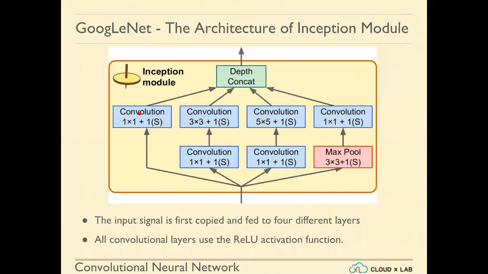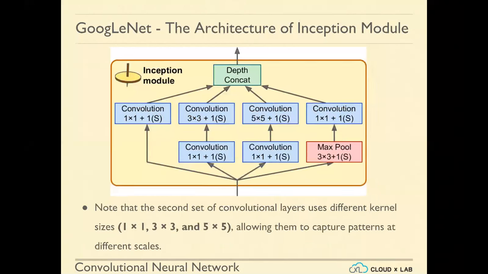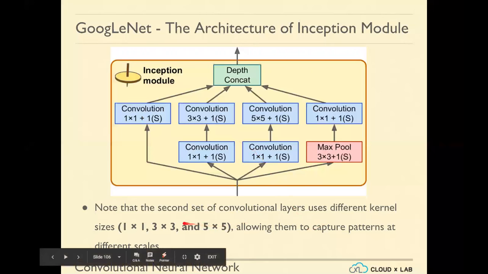Okay, all convolution layers use the ReLU activation function. Note that the second set of convolution layers uses different kernel sizes, right? So you can see 1 by 1, 3 by 3, and 5 by 5.